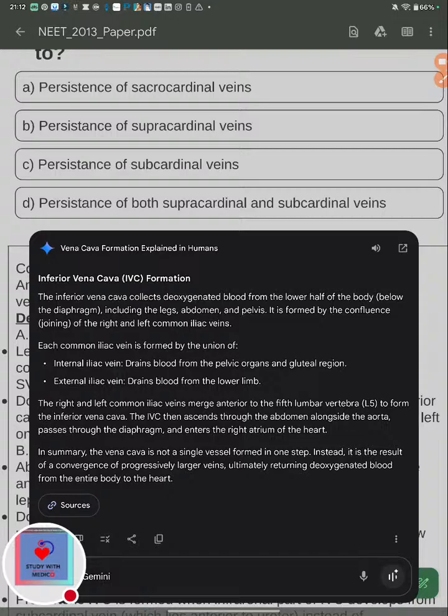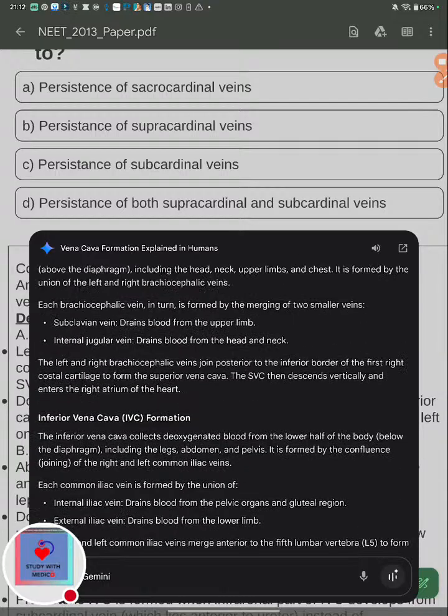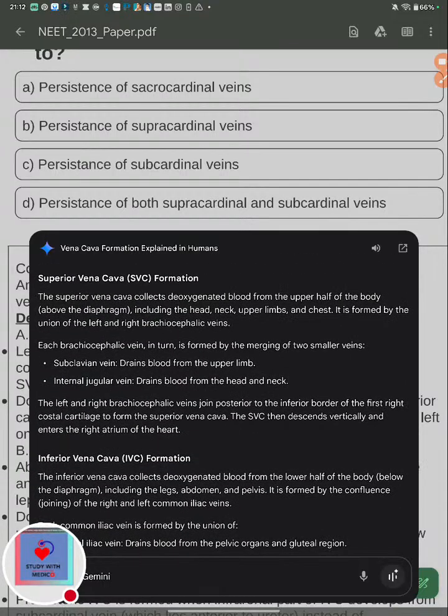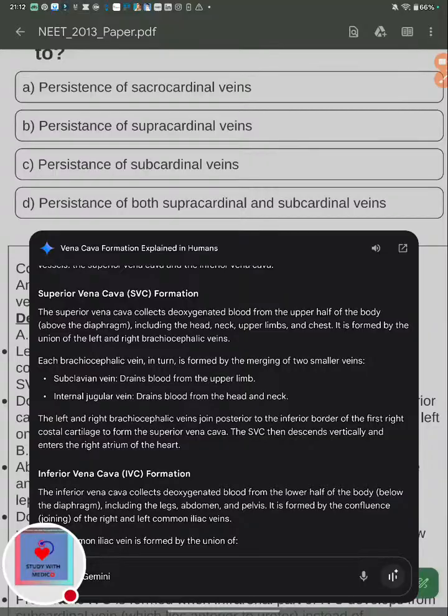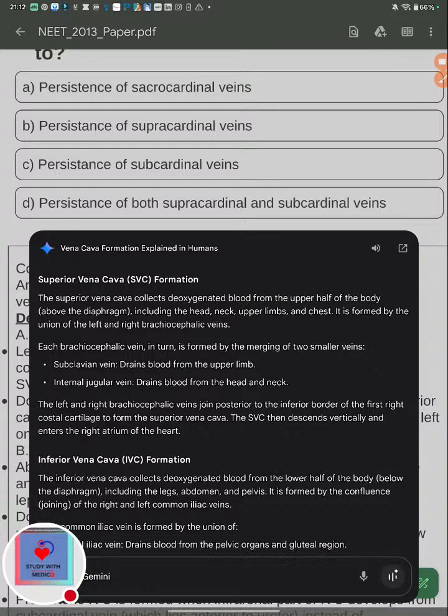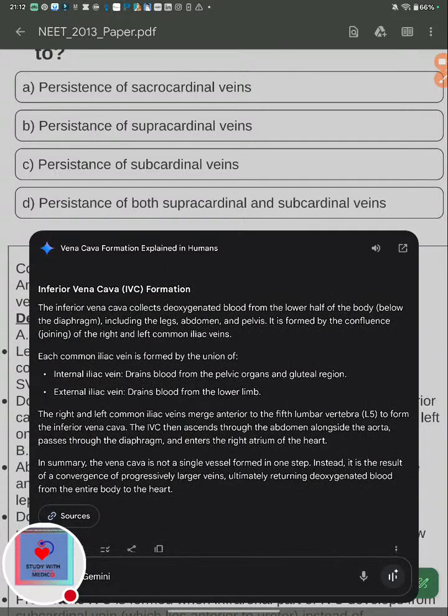The right and left common iliac veins merge anterior to the fifth lumbar vertebra to form the inferior vena cava. Whereas for the SVC, the right and left brachiocephalic veins join posterior to the inferior border of the first right costal cartilage to form the superior vena cava. This one is the fifth lumbar vertebra. Okay.